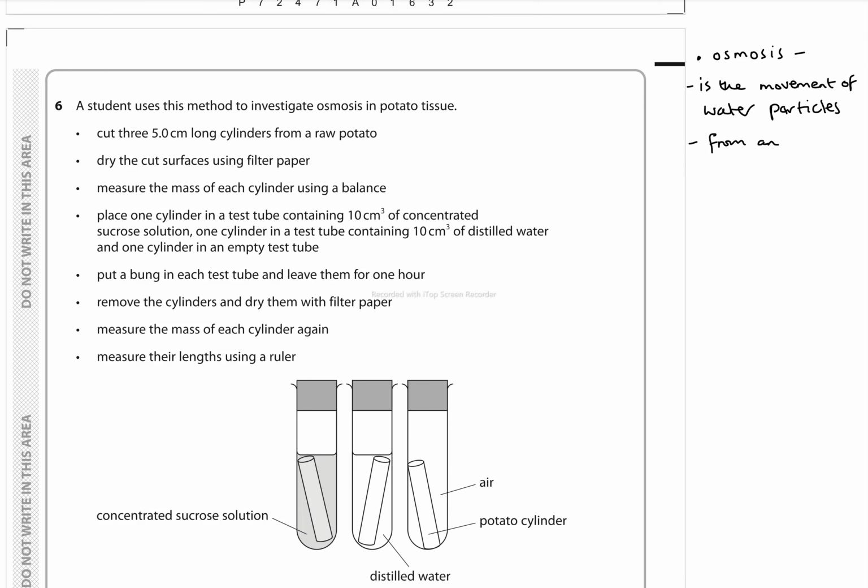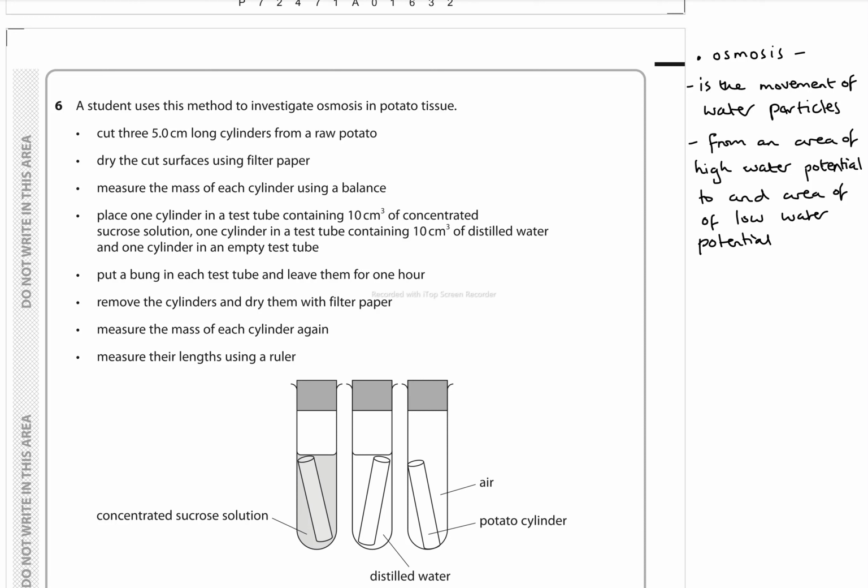from an area of, now I like to use the word high just because I've seen that a lot in the mark schemes, from an area of high water potential to an area of low water potential.